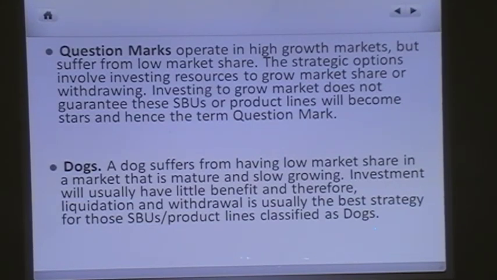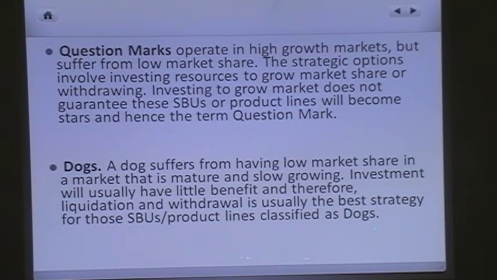Here the company normally invests to see if the product has the potential to become a star in the near future. If the potential is not there, the company decides to divest or sell, but in most cases the company tries to invest so that it can transform into a star at a future stage.